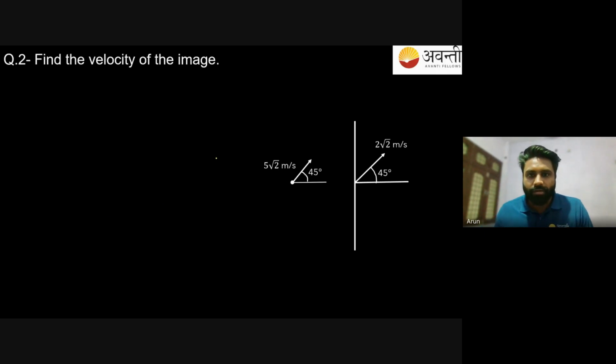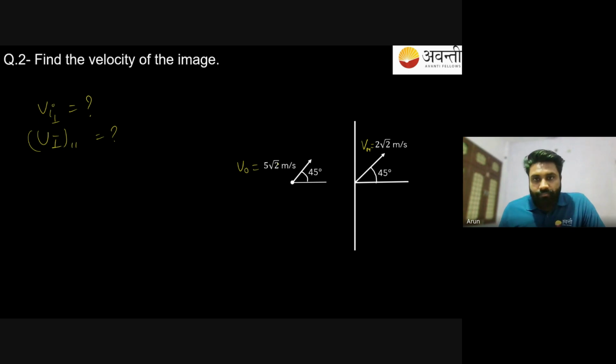Velocity of object is 5√2 and velocity of mirror is 2√2. We would find the velocity of image perpendicular and velocity of image parallel. So we would resolve this velocity of object in two directions, in this and in this.